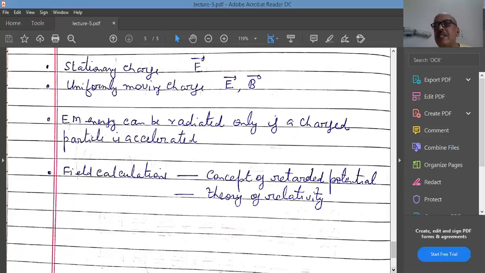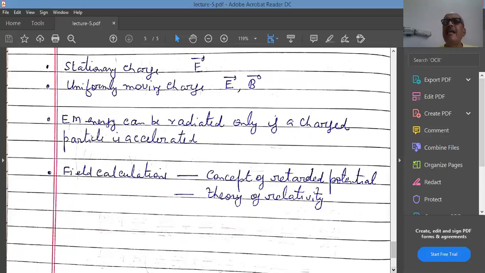So what you see at t has nothing to do with the location of the charge at time t, but it is getting the information emitted by the charge at time t minus r over c, where r is the distance of the retarded position of the charge from the point of observation, and c is the velocity of light.